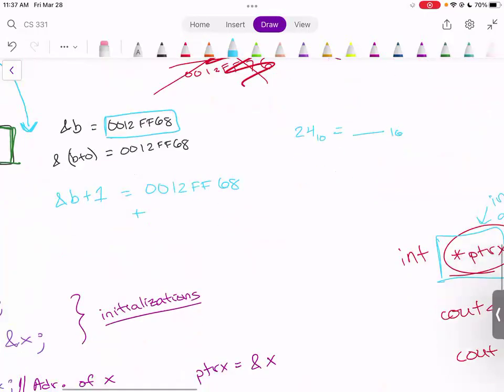Let's find out. We'll do 16 to the first, and then here I have 16 to the 0 power. How many times does 16 go into 24? It goes in 1 time. Now I have a remainder of 8. So it's really 1, 8. That's it. I just stick the two numbers together.